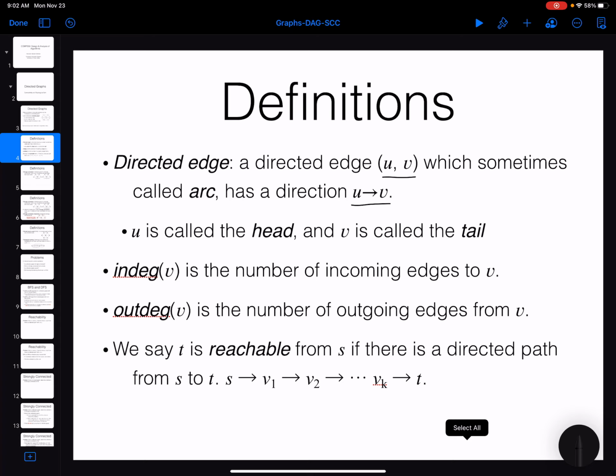So based on the fact that edges are directed, instead of degree for one node, we have two terms for degree.